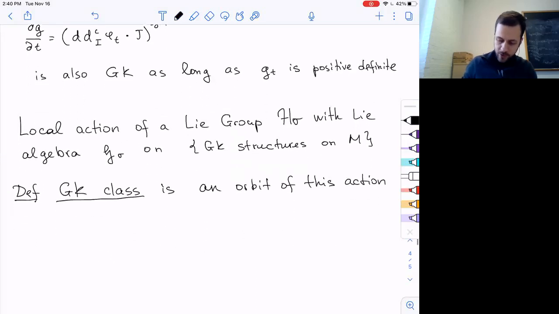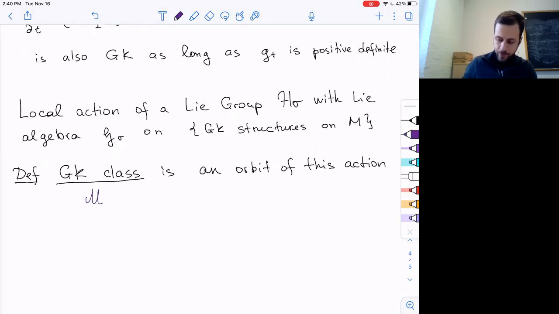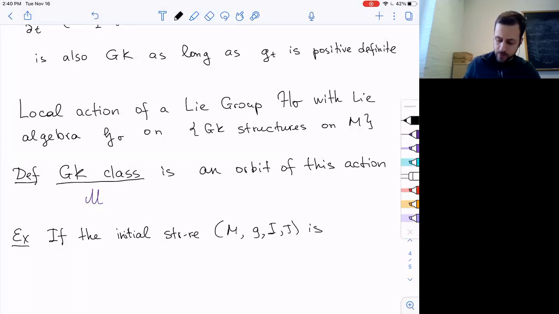So generalized scalar class, I will usually call it just by script M. But as a sanity check, let's verify what it tells us if we start with a Kähler structure in the beginning. So if the initial structure M, g, I, J is Kähler.